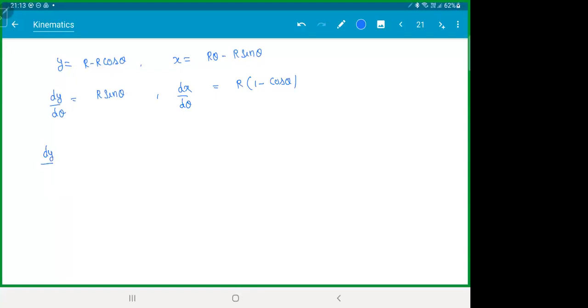So dy by dx, you can just divide them. Technically, you can't do that, but it works out. 1 minus cos theta turns out to be 2 sin theta by 2 cos theta by 2, and 1 minus cos theta will be 2 sin square theta by 2. And this turns out to be cot theta by 2.